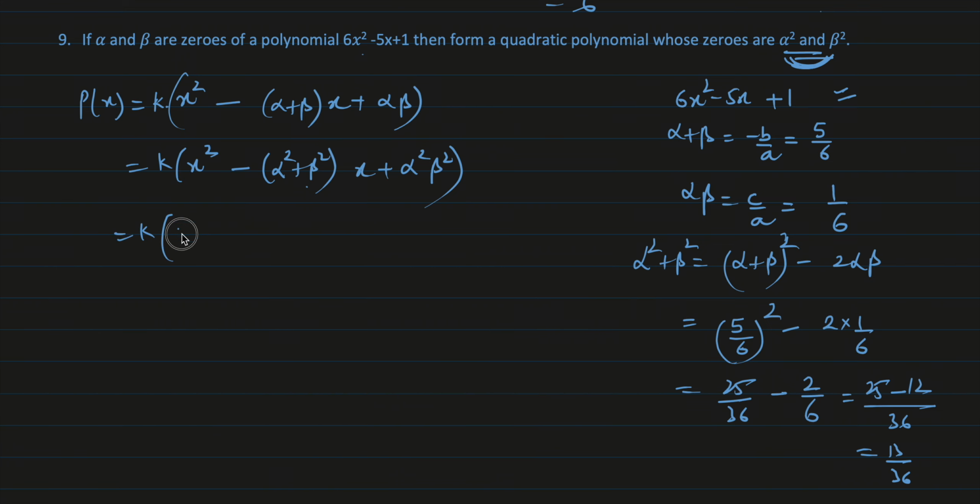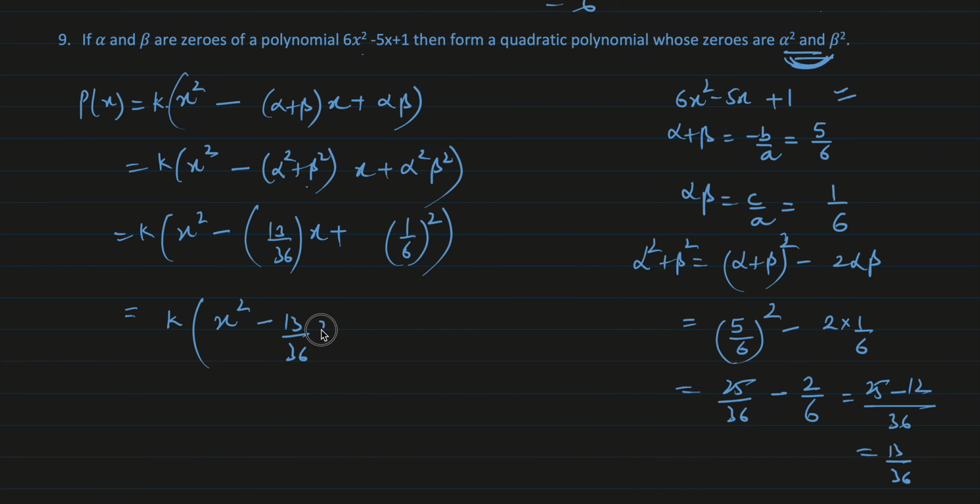Put it here in the polynomial: x square minus, what is this? 13/36 into x plus alpha square beta square, which becomes alpha beta whole square, which is 1/6 whole square. Okay. The constant, whatever constant comes, our 36, 1/36 can be taken outside. So that's x square minus 13/36 x plus 1/36, and you can also write it like this, you can have this polynomial like this also.